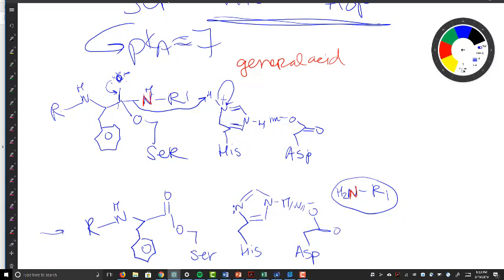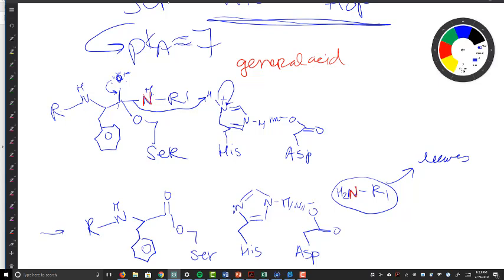Okay. Does anybody remember how we get the second half of the peptide freed from the active site? Oh, and this leaves. Bye. Anybody remember how we get the second half of the peptide disconnected from the active site of the serine protease? Yeah, water.